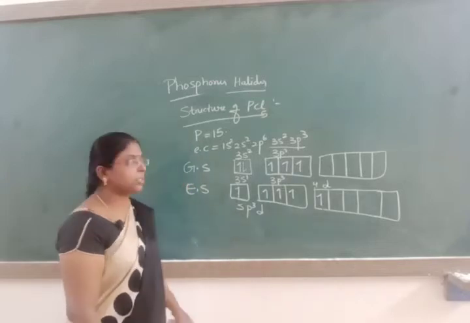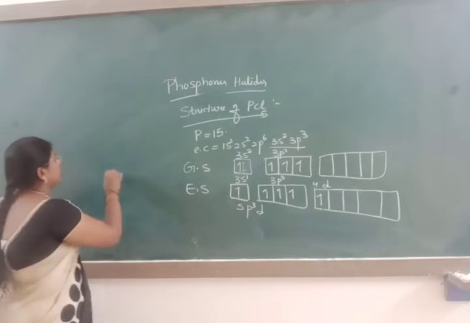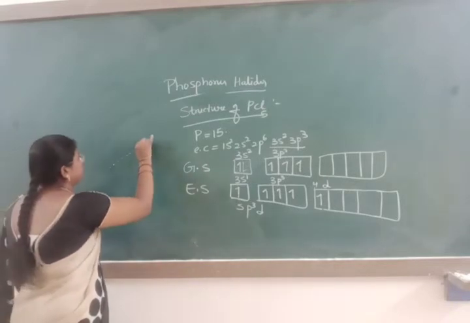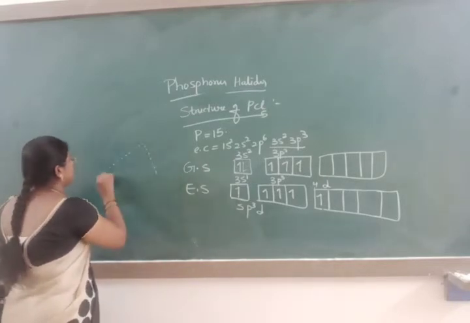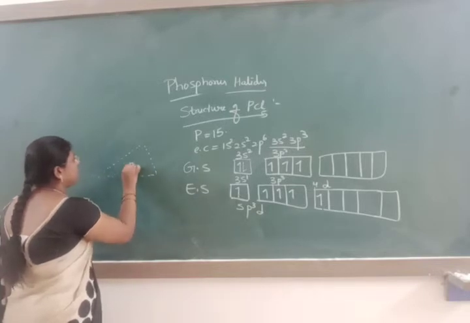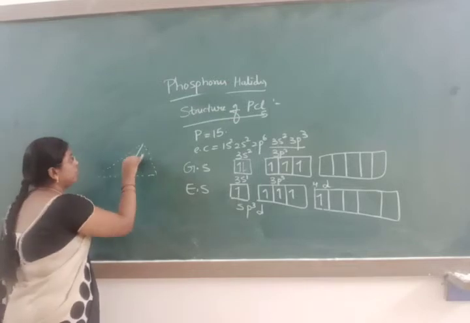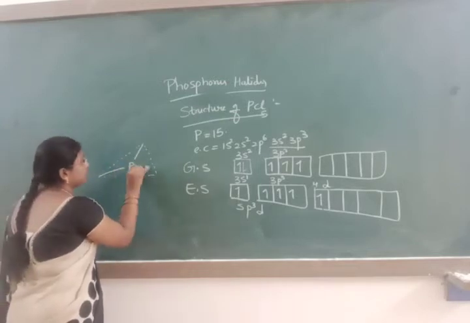Here if you see the structure of PCl5, in the middle it will be phosphorus and it will form 3 bonds with 3 chlorine atoms.